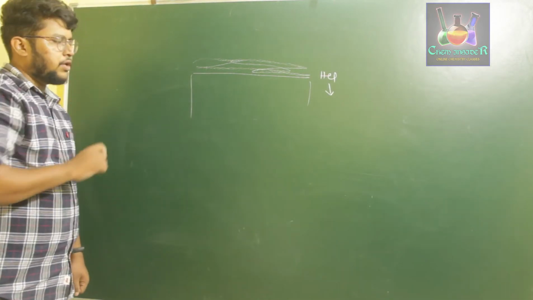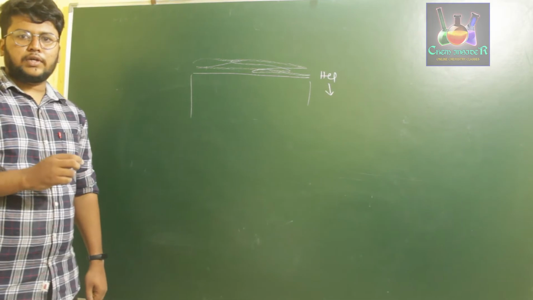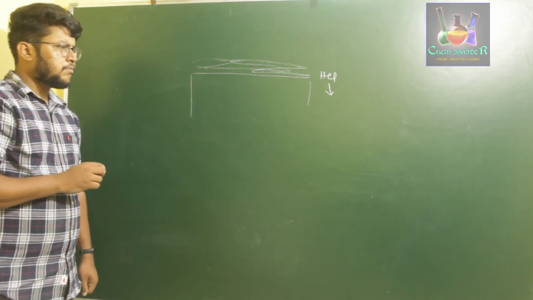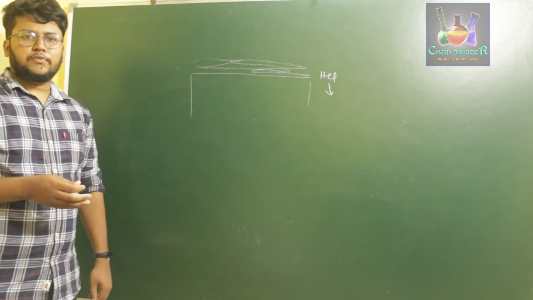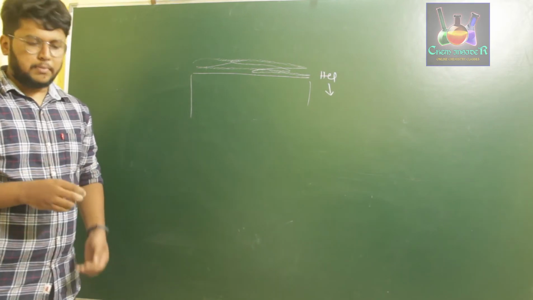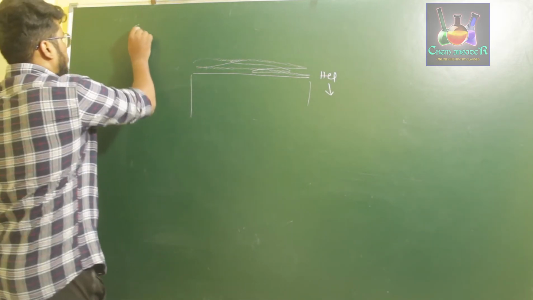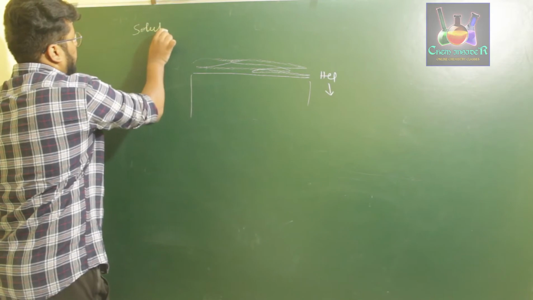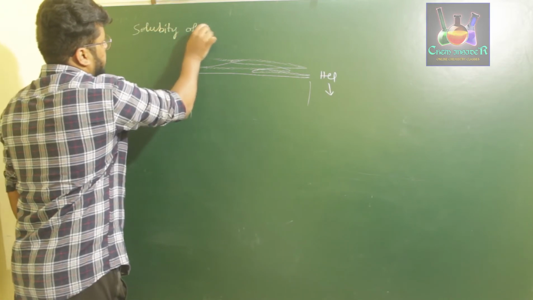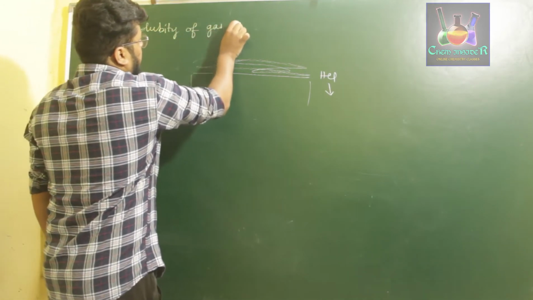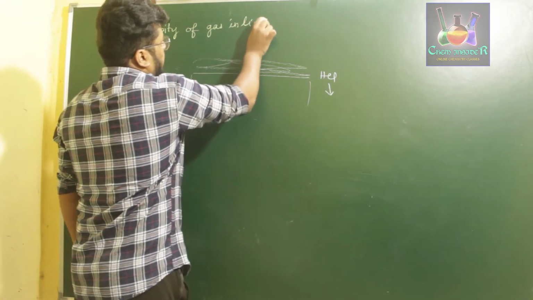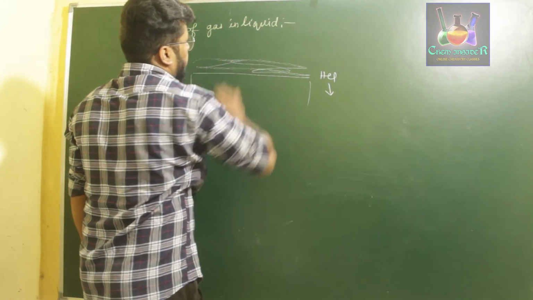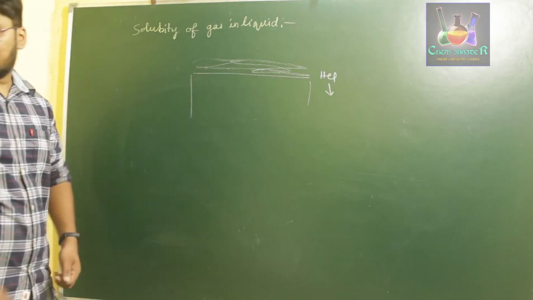So, whenever you have to understand the solubility of a gas in a liquid, you better consider a condition where the pressure and temperature are applicable. That is, the solubility of a gas in a liquid completely depends upon two factors, pressure and temperature.